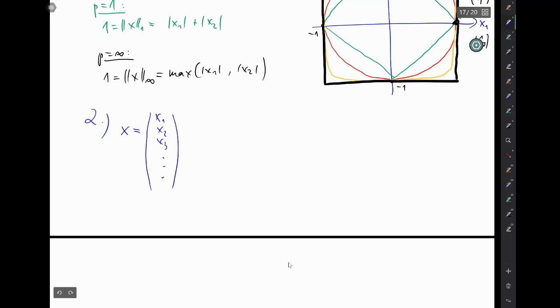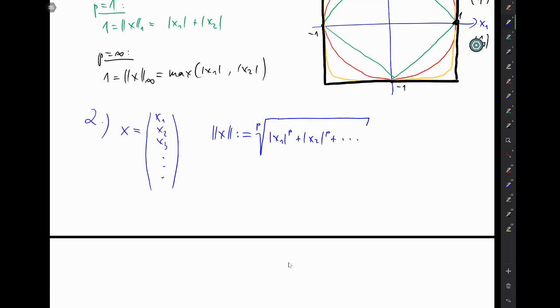And the entries are real or complex valued, and the norm could be defined just like we did before. So let's now already take the p norm of modulus x1 to the power p plus modulus x2 to the power p, and so on.